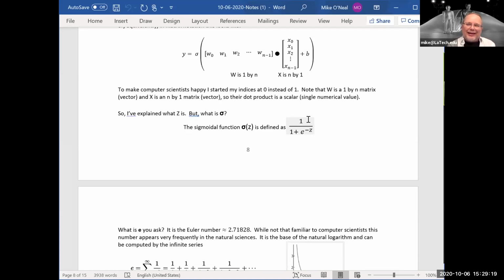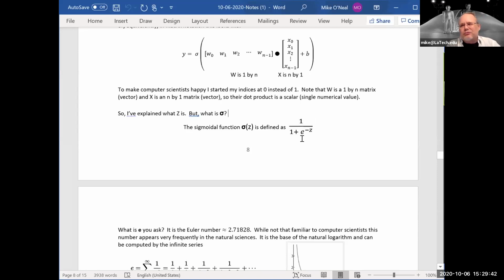What is this E thing? But really, it's not bad. It's fairly easy to compute, and it is a function that's frequently used in engineering and the natural sciences.